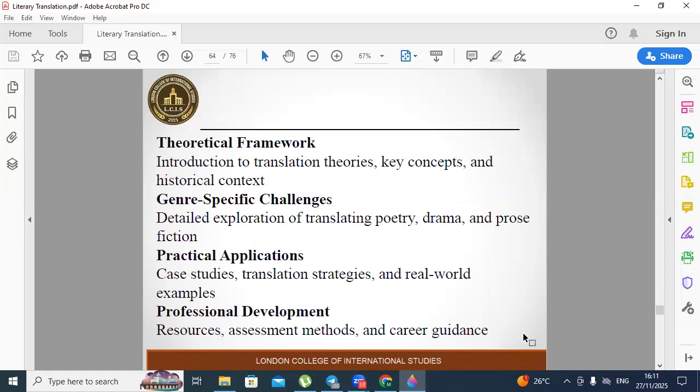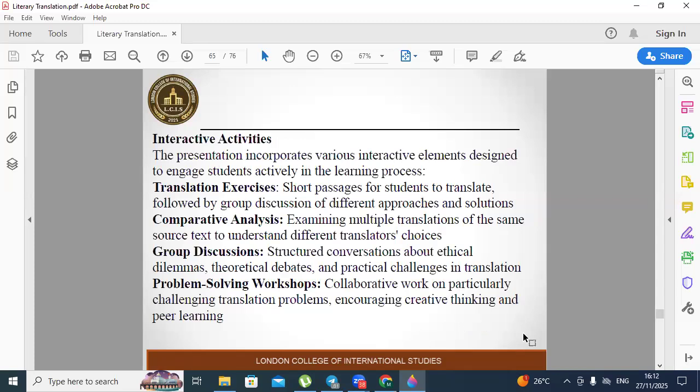Introduction to translation theories, key concepts, and the historical context. Genre-specific challenges, detailed exploration of translating poetry, drama, and prose fiction. Practical applications, case studies, translation strategies, and real-world examples.